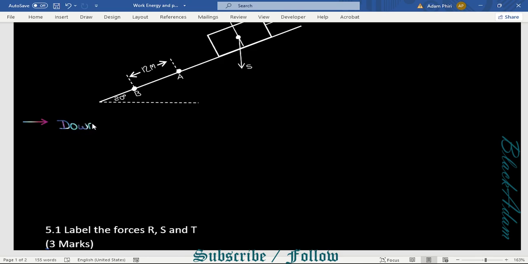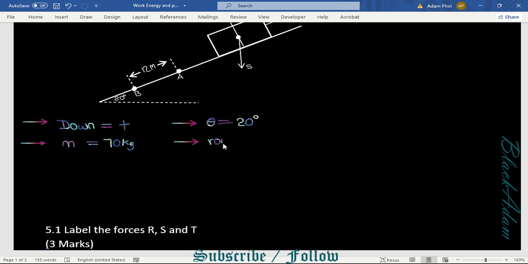We're taking down as positive, so any positive answer means it's going down. The mass is 70 kg, and the angle of inclination is 20 degrees. We collect all the information that will help us crack the problem.